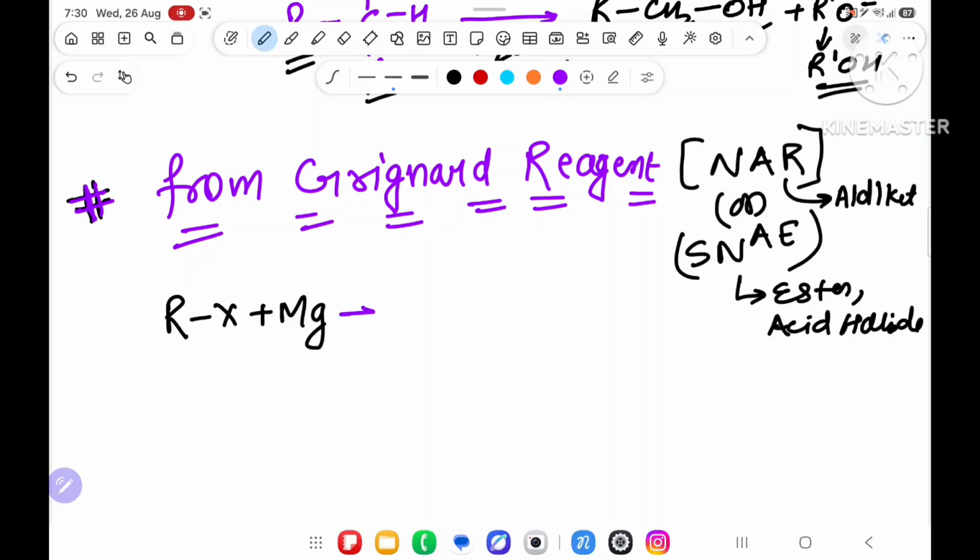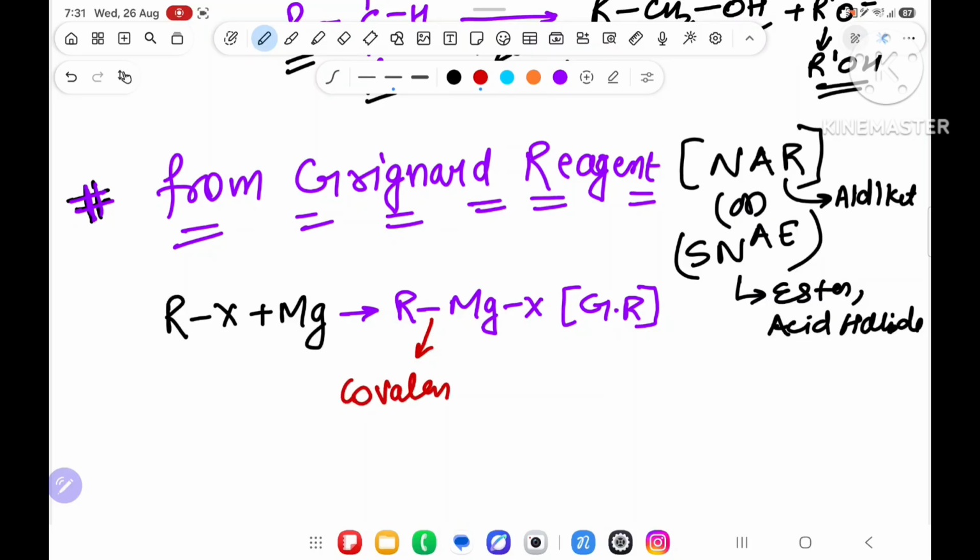See over here, you know that it is forming R, Mg and X. This is known as Grignard reagent. You already know that the bond over here is a covalent bond, and the bond over here is an ionic bond.